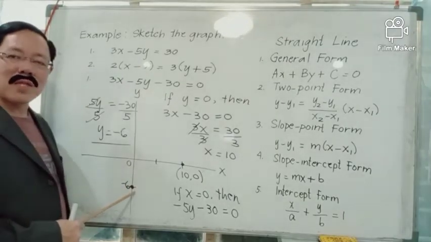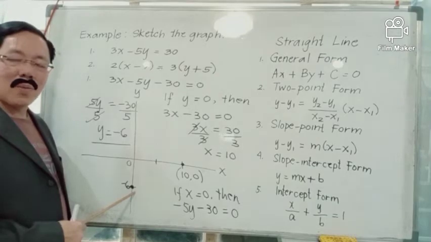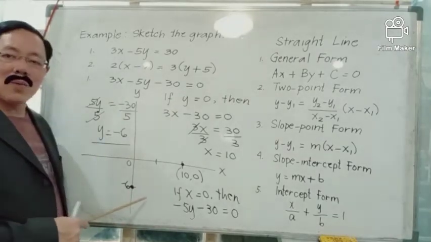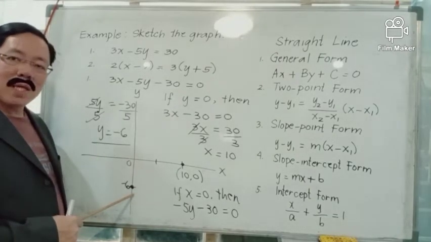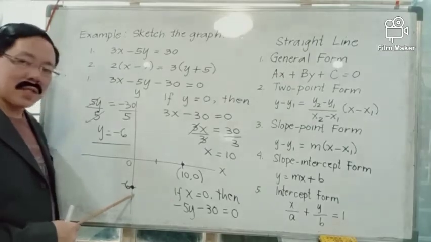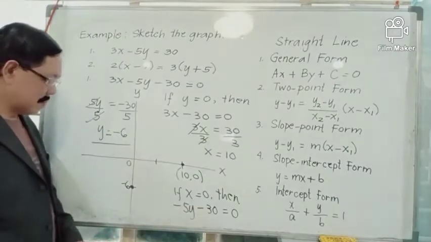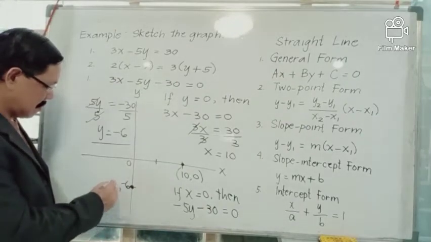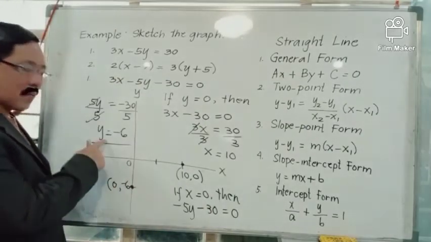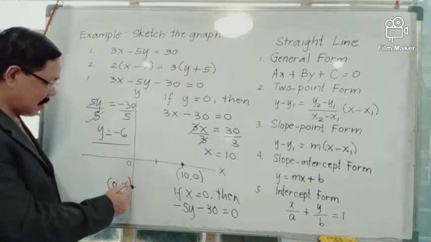This point of intersection of the line and the y-axis is called the y-intercept. The y-intercept has coordinates x is 0 and y equals negative 6.